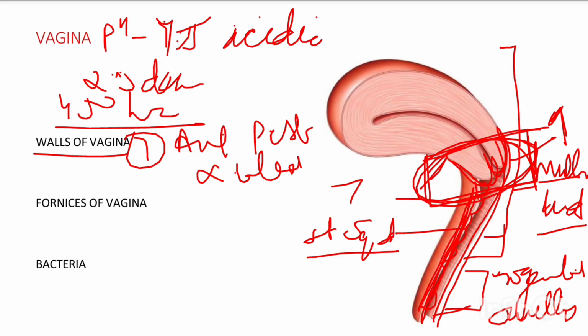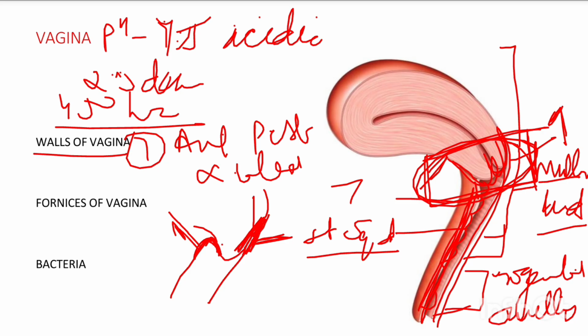There are two fornices: anterior fornix and posterior fornix. This is vagina, and this is cervix. This pouch is called anterior fornix, and this pouch is called posterior fornix. Two fornices are there. This is shallow and this is deep, as you have seen.